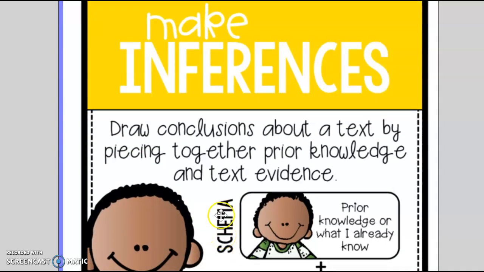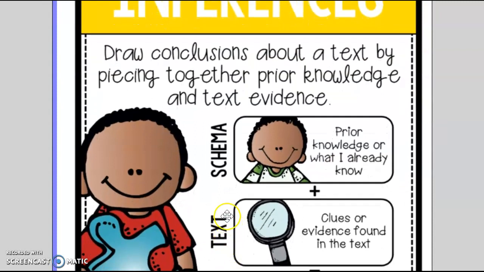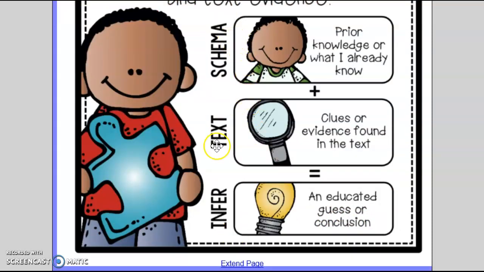So you start with your schema. That's your prior knowledge, or what you already know. You add it or put it together with clues or evidence that you found in the text. When you put those two together, you can infer or make an inference, which is an educated guess or conclusion that you may draw.